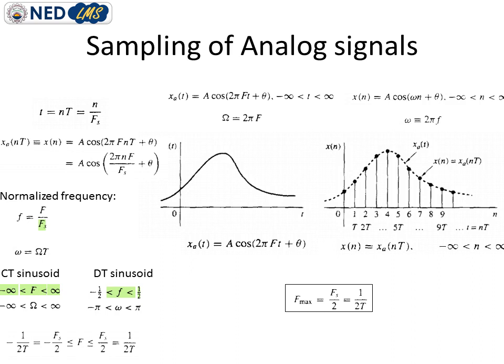So now let's compare the range of frequency as we already studied for the continuous time sinusoid and the discrete time sinusoid. In a continuous time sinusoid, we already know that the frequency range lies from minus infinity to plus infinity, and for a discrete time sinusoid we know that the legitimate range for frequency is minus half to half.